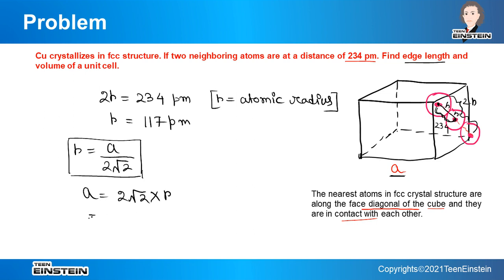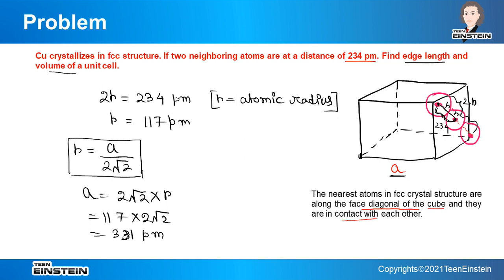That means 117 times 2 root 2, and that is equal to 331 picometer. So this is the edge length. Okay. Now what will we do? We can convert it to meter, because it is not mentioned in the question whether you have to express the volume or edge length in any particular unit.